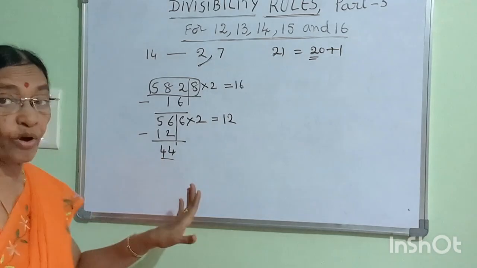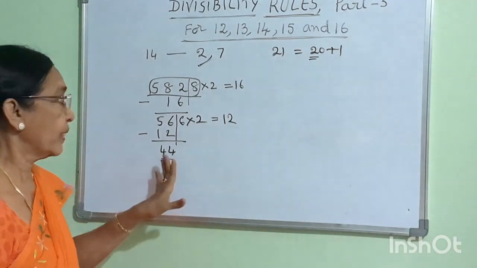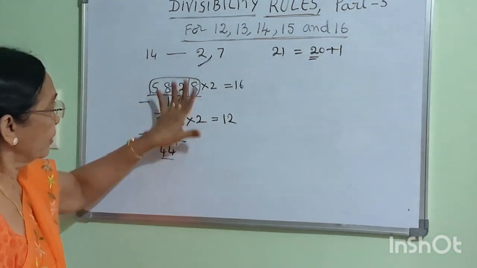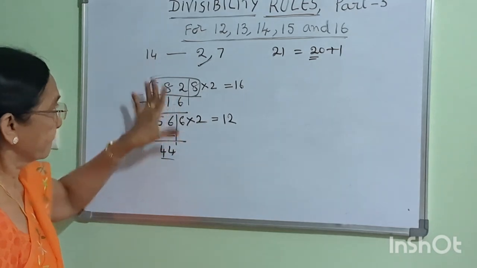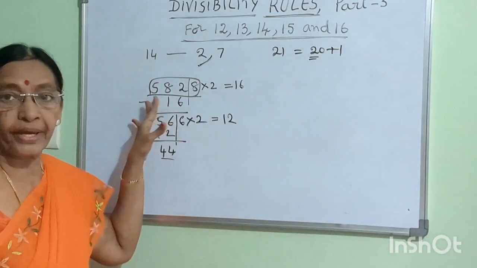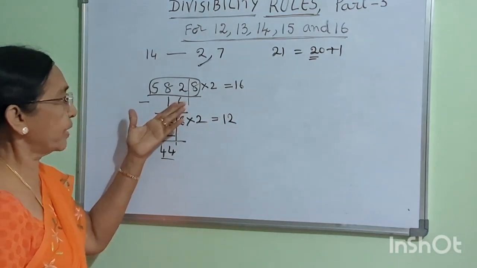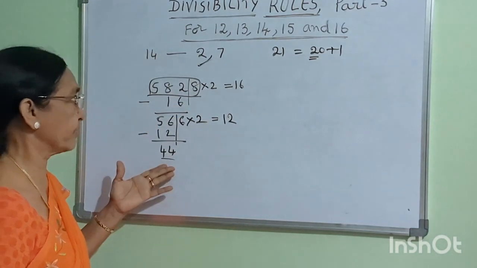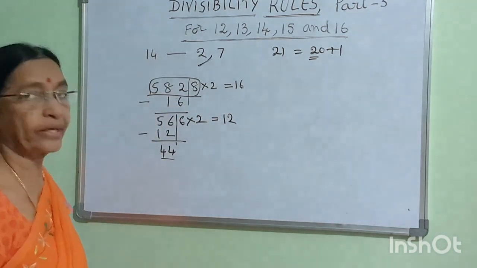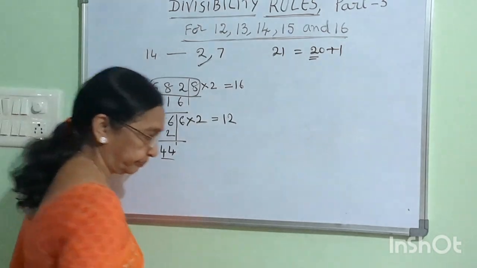Here 44 is not divisible by 7. So it is not divisible by 14 because it has to be divisible by both 2 and 7. It is divisible by 2 but not divisible by 7. Therefore, it is not divisible by 14.